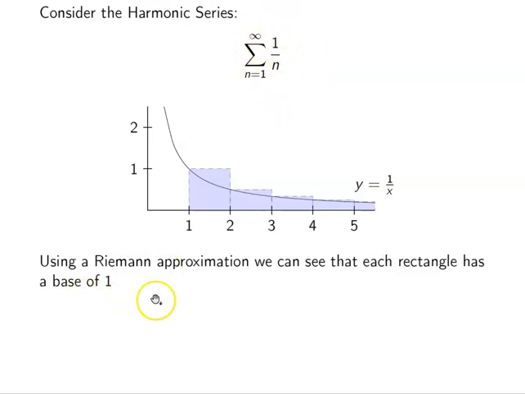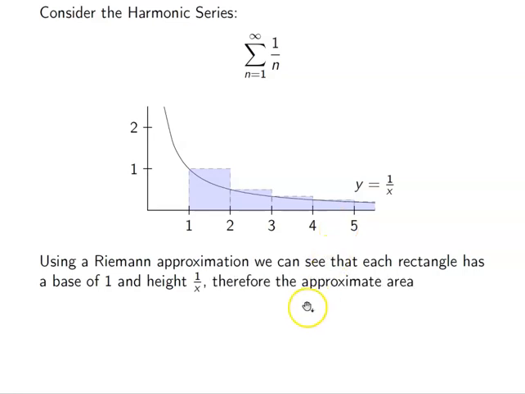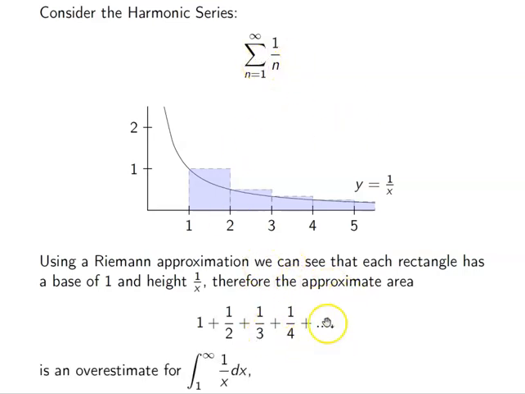Using a Riemann approximation, we can see that each rectangle has a base of 1 and a height of my function height, which is 1 over x. Therefore, the approximate area of 1 plus 1/2 plus 1/3 plus 1/4 and so forth, the harmonic series, is an overestimate for the integral of 1 over x from 1 to infinity.